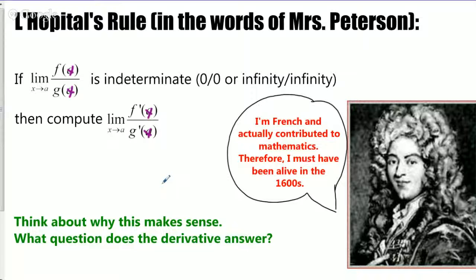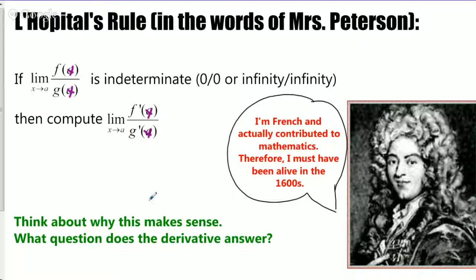All right, so just take the derivative of the top, take the derivative of the bottom, and then try plugging in a. Now, if you get an indeterminate form again, like 0 over 0 again, all you have to do is apply L'Hopital's rule again until you don't have an indeterminate form. But you have to check for 0 over 0 or infinity over infinity every time.